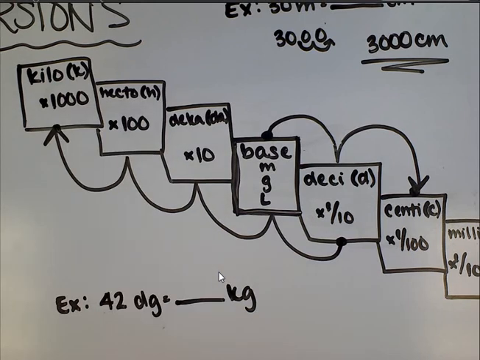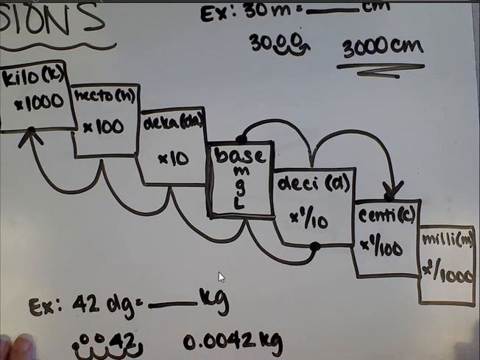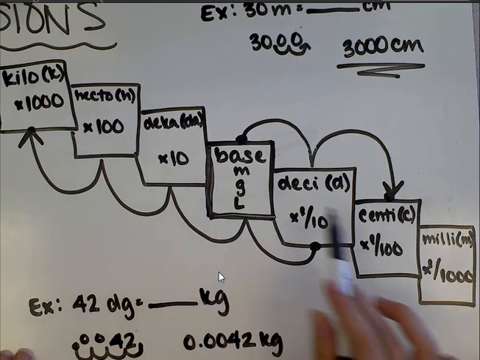So I'm going to need to move my decimal point 4 spaces over to the left. So that gives me 0.0042 kilograms.